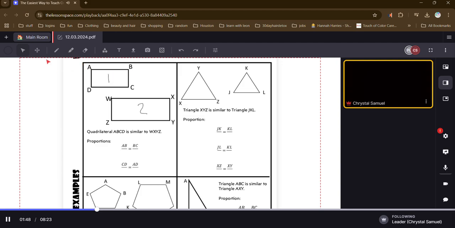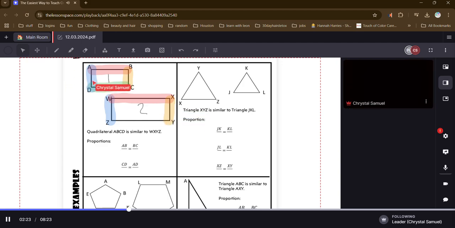I'm going to make side AB red, and then B to C yellow, C to D green, and D back to A blue. I'm going to follow that same pattern for the other shape 2, again remembering that it is in clockwise order.